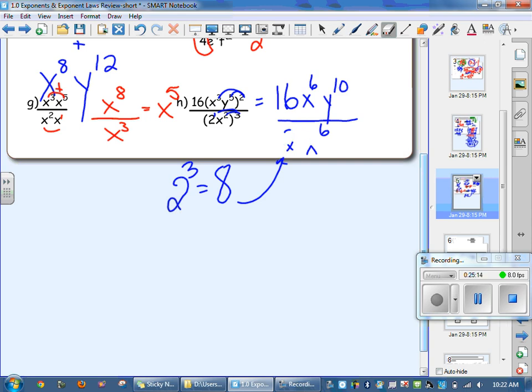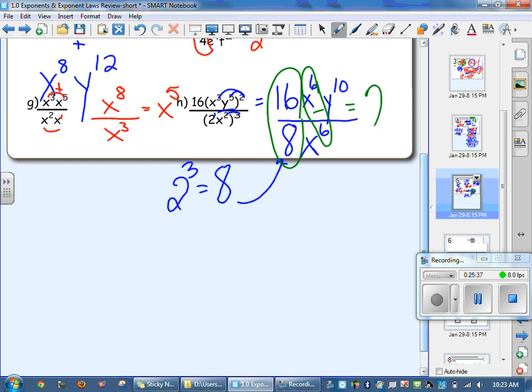Now my very last step is to simplify, which means take your large numbers, your coefficients, and actually divide them. Then take the ones with the same base and subtract their exponents. So 16 dividing by 8 is going to give me a coefficient of 2. x6 subtract x6 gives me x to the 0, which equals 1.